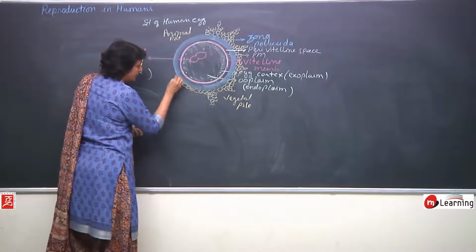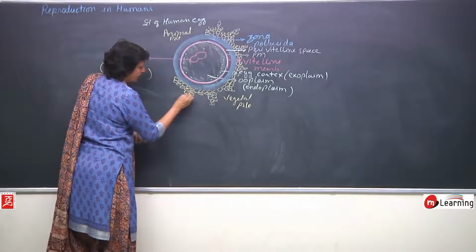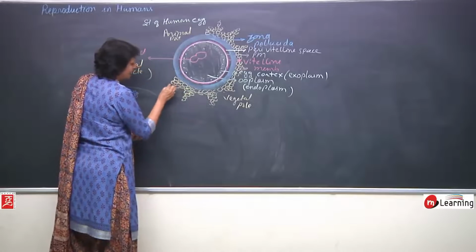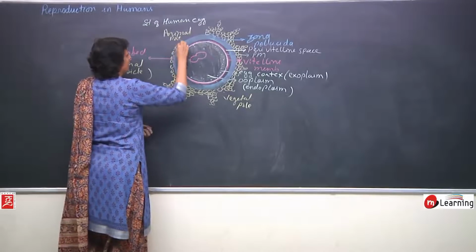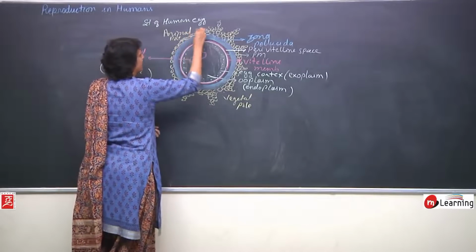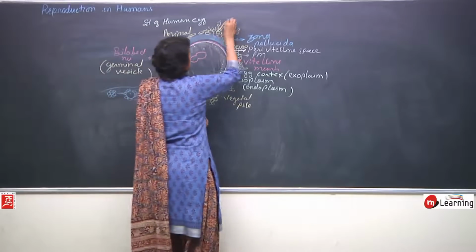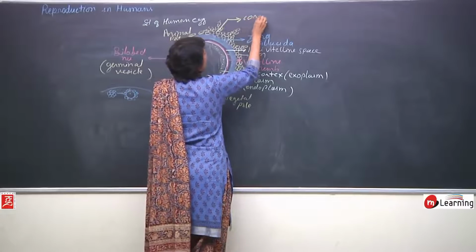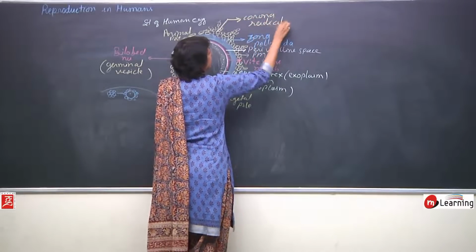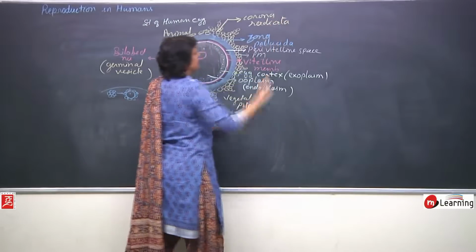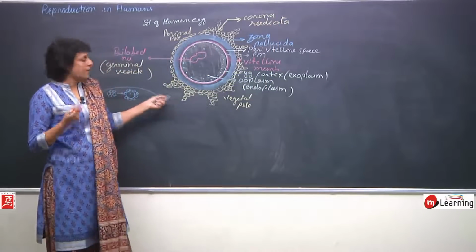So these follicular cells, in multiple layers, seem to be radiating from the egg. This layer is known as corona radiata. This is the layer of follicles. It is made up of cells, so it is a cellular layer.